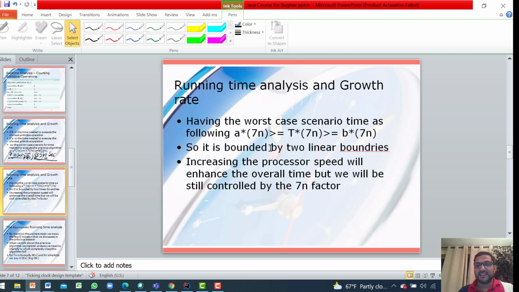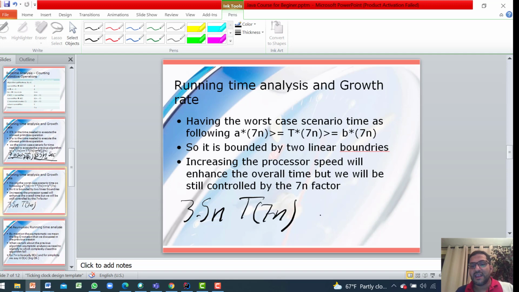So in this case, my algorithm might have a processing time of 3.5n, which is 7 multiplied by half, T of 7n.